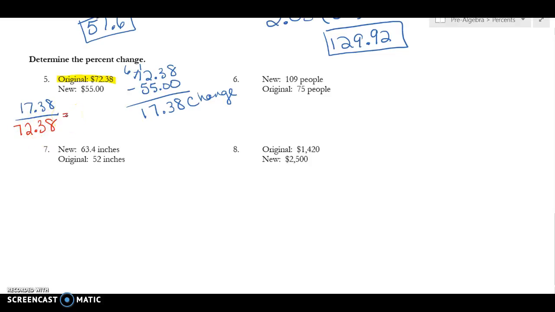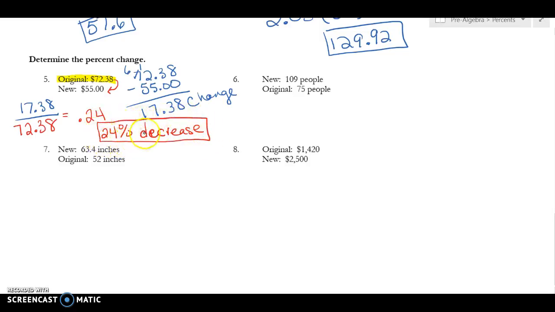So now I'm going to do $17.38 divided by $72.38, which gives me 0.24. So that is 24%. And now I need to look. What happened? I started at 72 and I went to 55. That went down. So it's a 24% decrease.